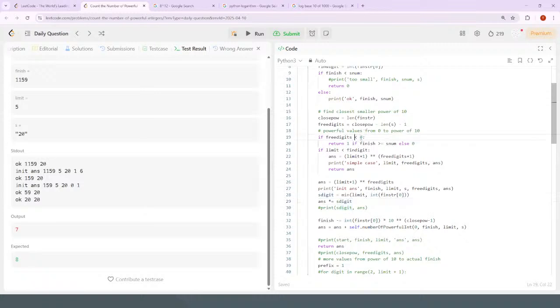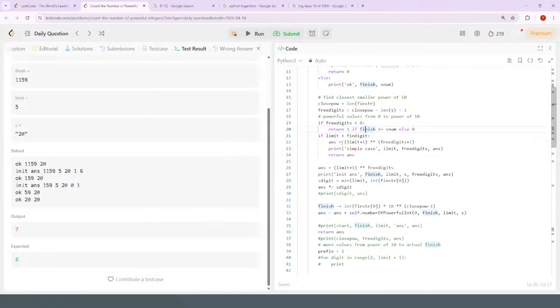So you have 0 free digits. You should have 0 free digits right there. Limit is smaller than your final digit.